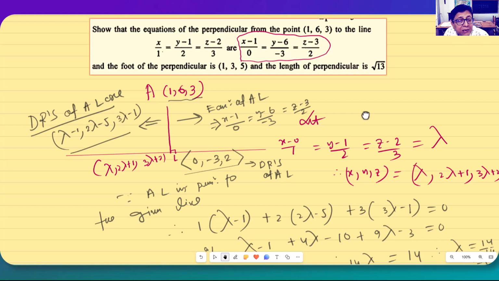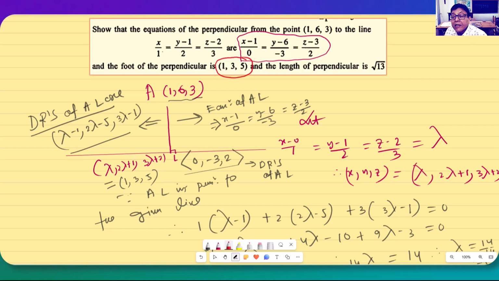Am I clear? So the equation of AL is found out. Now the foot of perpendicular is L. For lambda equal to 1, it is 1, 3 and 5. So this part is also found out. That is the foot of perpendicular.